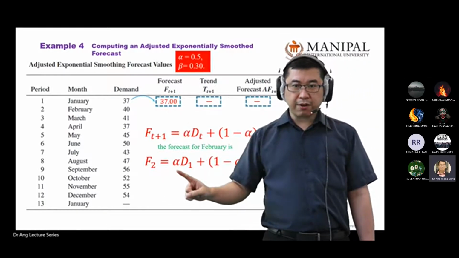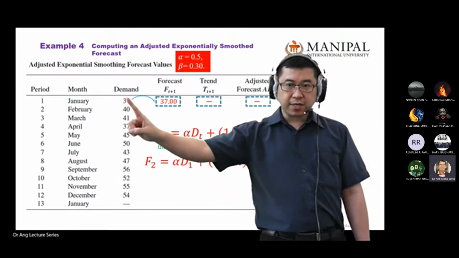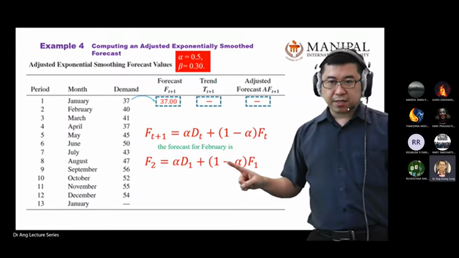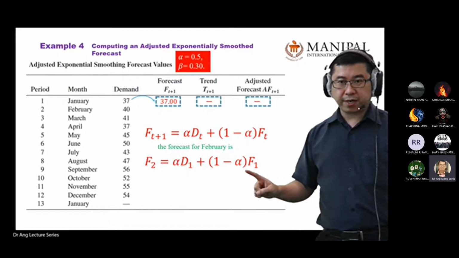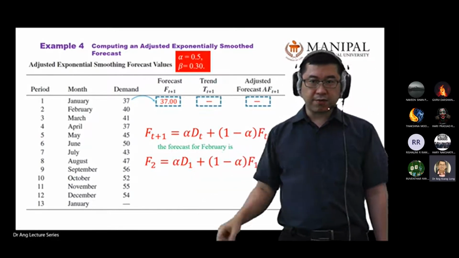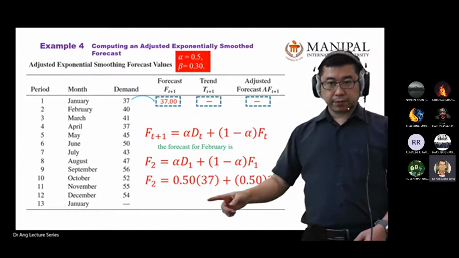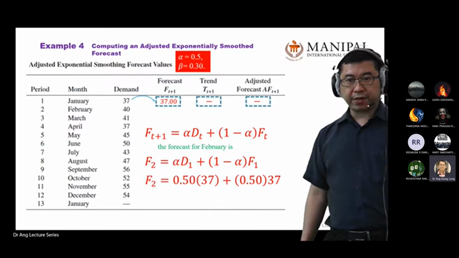Your alpha is 0.5, D1 is this one, and 1 minus alpha, so now it is 0.5. F1 is this one. So you put in the values with alpha 0.5.